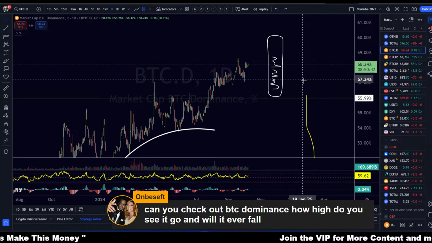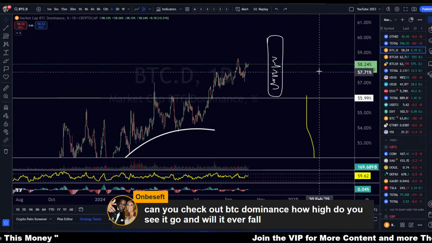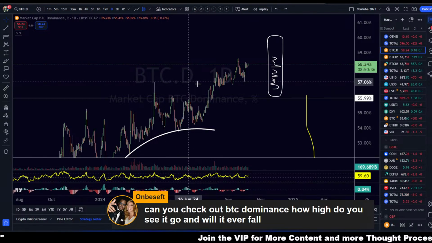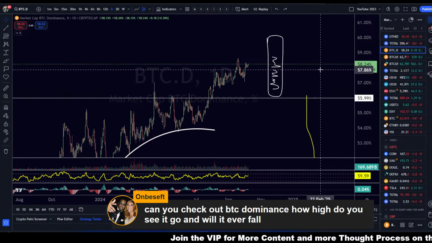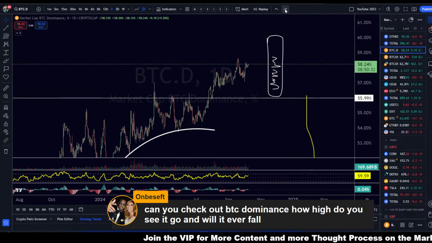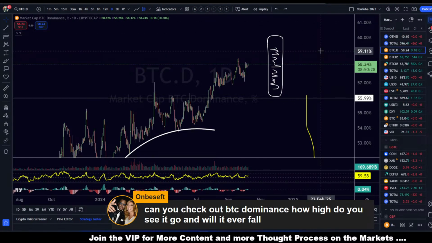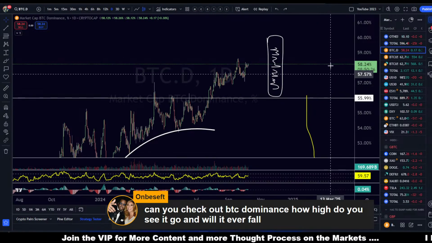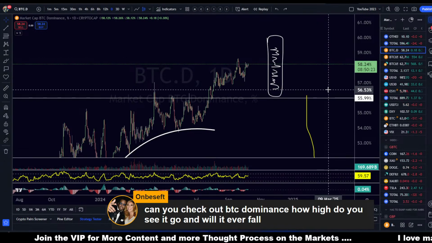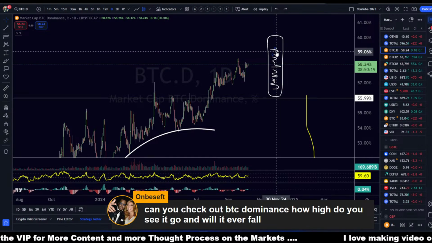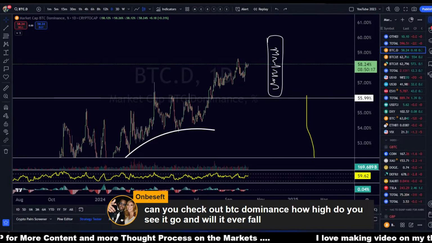Because no matter how great crypto is, the alts, people are starting to load up on Bitcoin, creating the dominance to increase. And because it's increasing, pretty soon, people are going to start selling off on their alts, cashing in on all that money, and then adding to Bitcoin to increase this. That's why it's important.